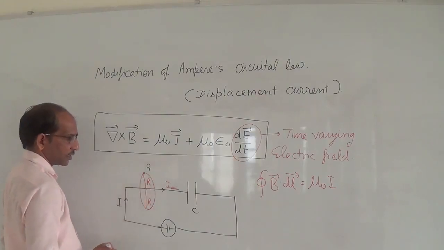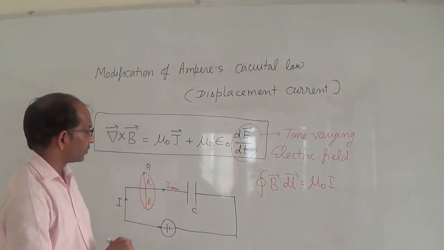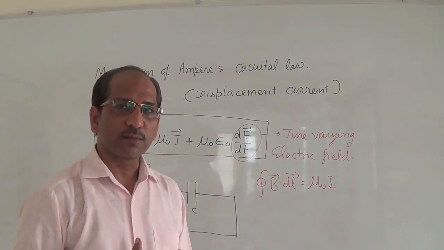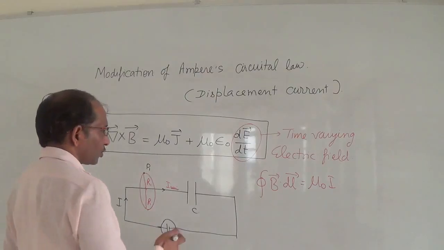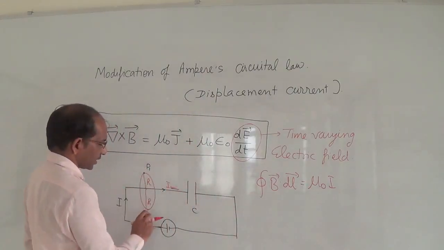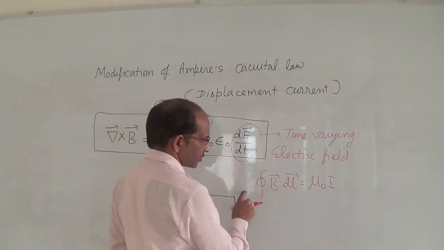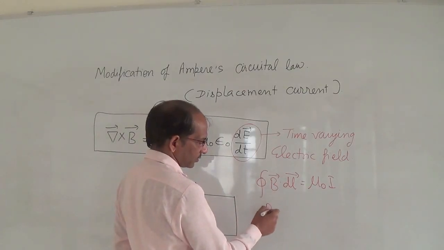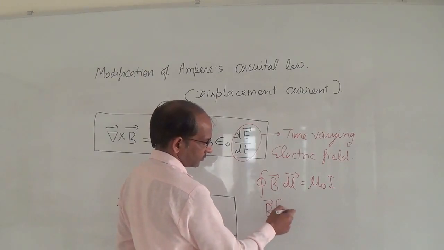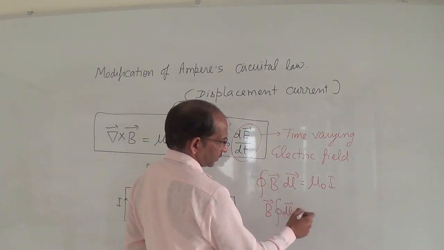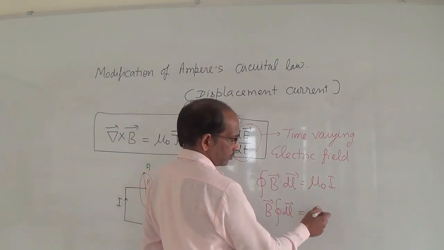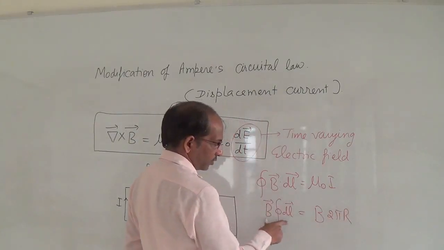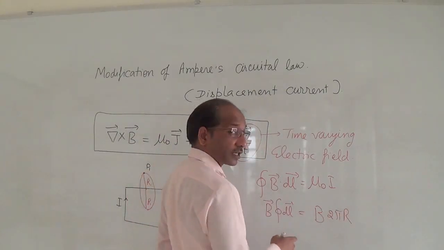r is the radius or height from the center of this particular point P1, where we are trying to find out the magnetic field. So B is constant at every point of this closed loop, so it comes out from this closed path integral, and the integral of dl is equal to 2 pi r if r is the radius.